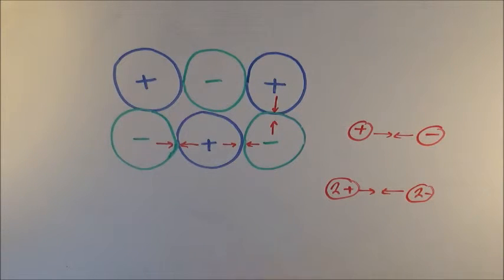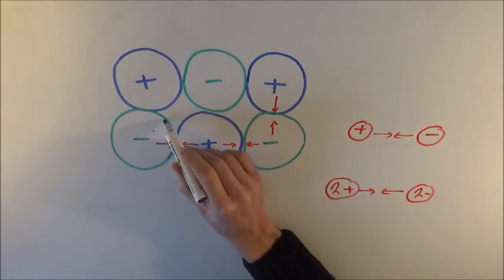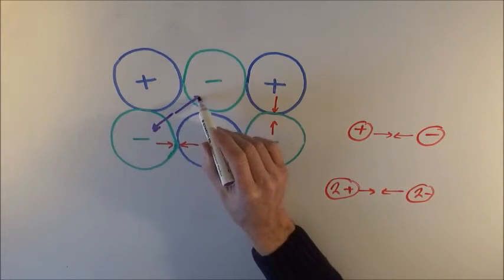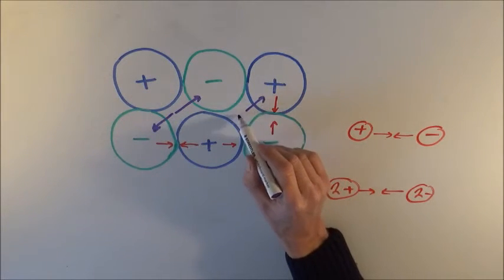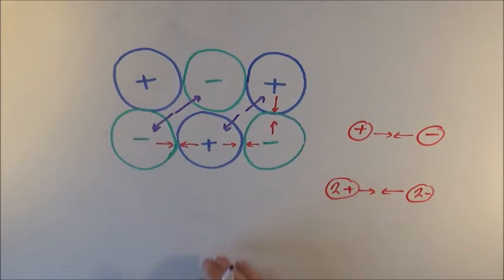But you've also got to consider the forces of repulsion, because like charges repel. So this one's going to be moving away from this one, and similarly this one's going to be moving away from this one. So all of this is put into the equation based on a knowledge of the arrangement of the ions in the lattice. But you also need to know the distances between the ions.